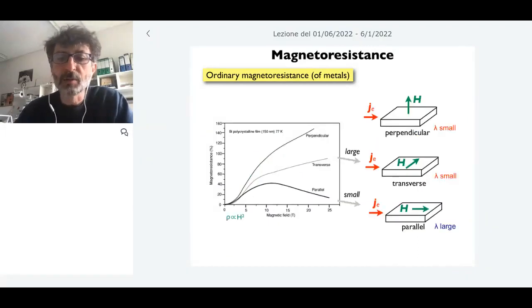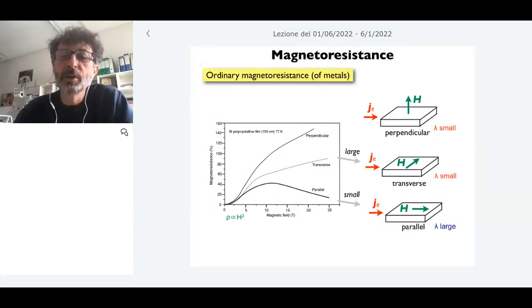What kind of other effects? Well, this is just the first order effect. Then there exist materials where you see an anisotropic effect, as you do expect, because you are applying a magnetic field in a direction. I mean, the magnetic field is a vector, and also the electric current is a vector.